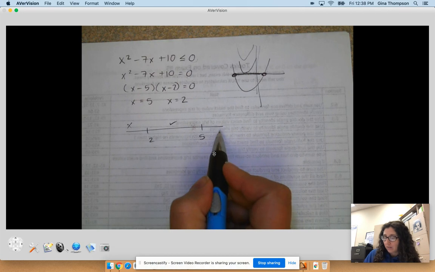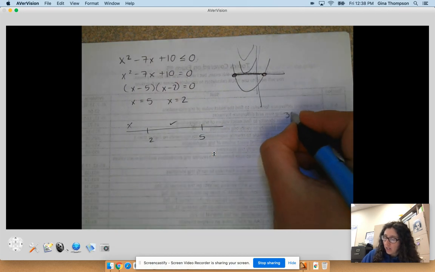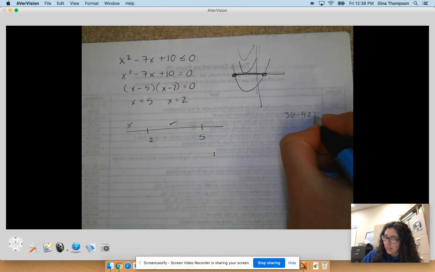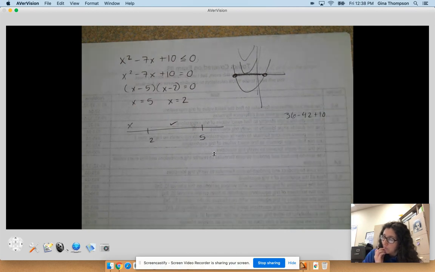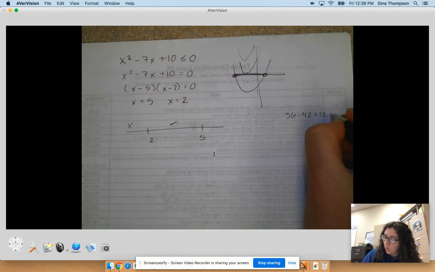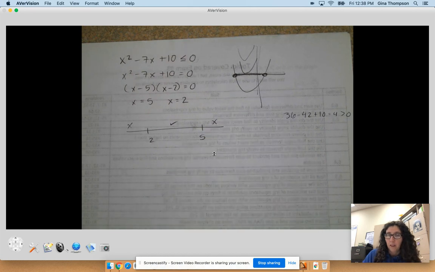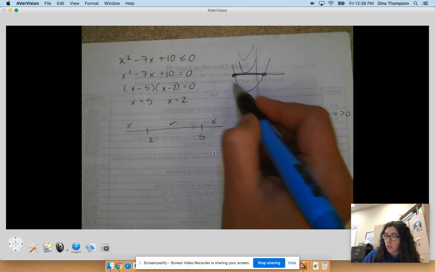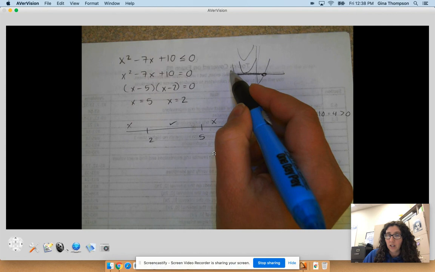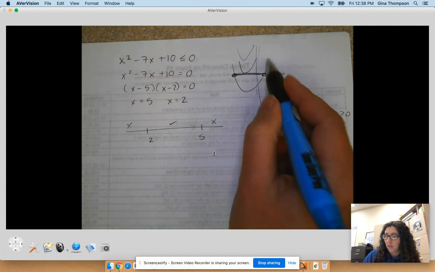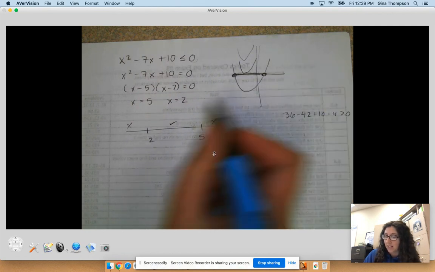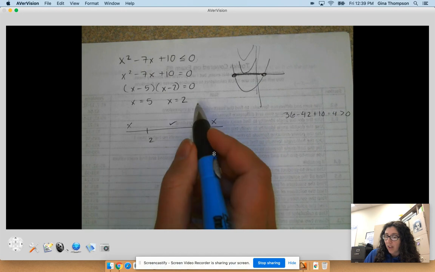How about 6? Maybe I should write things down. 36 minus 42 plus 10. Let's see, 46 minus 42 is 4, which is greater than 0. Nope, that doesn't work. All right, so it looks like this is the case that we have, right? The parabola dips below the x-axis between 2 and 5.